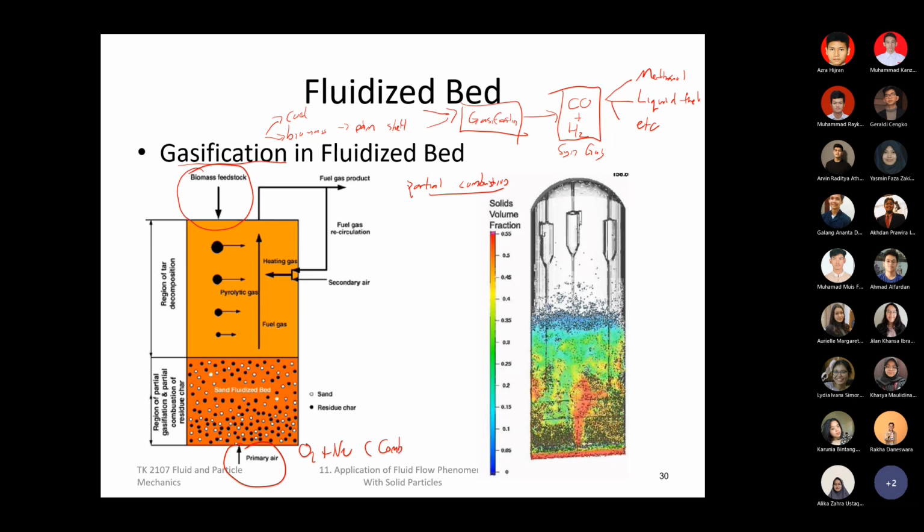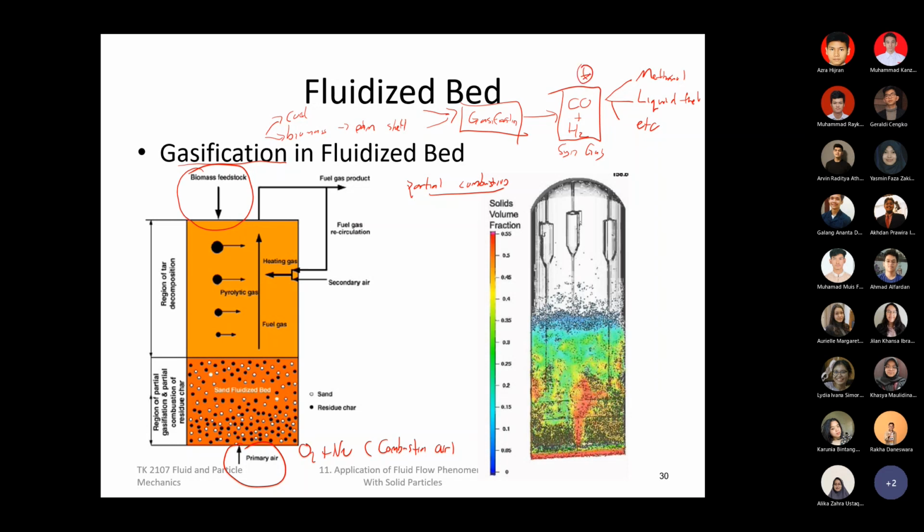The amount of combustion air is limited so that it will not perform a complete combustion, because complete combustion produces energy plus CO2 plus water. But in some applications, we don't want the combustion to complete, because we actually want to get this CO plus H2, which can be used for further applications.